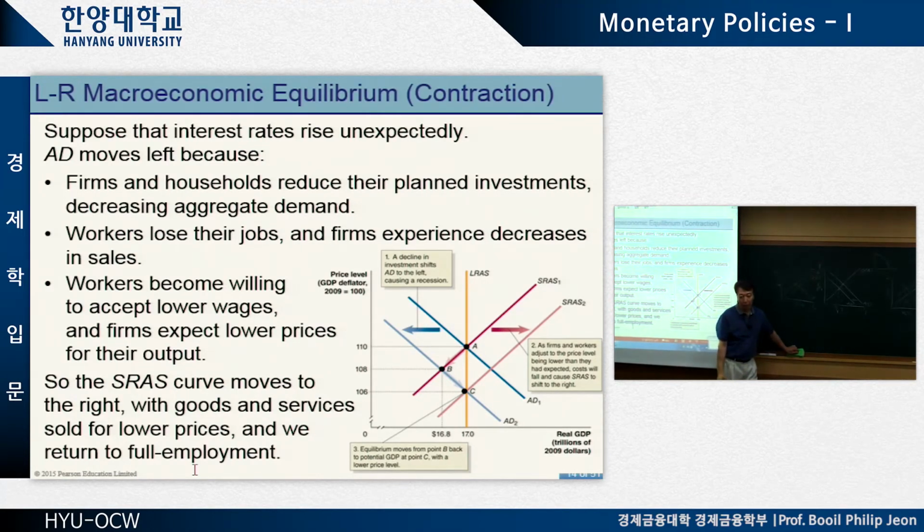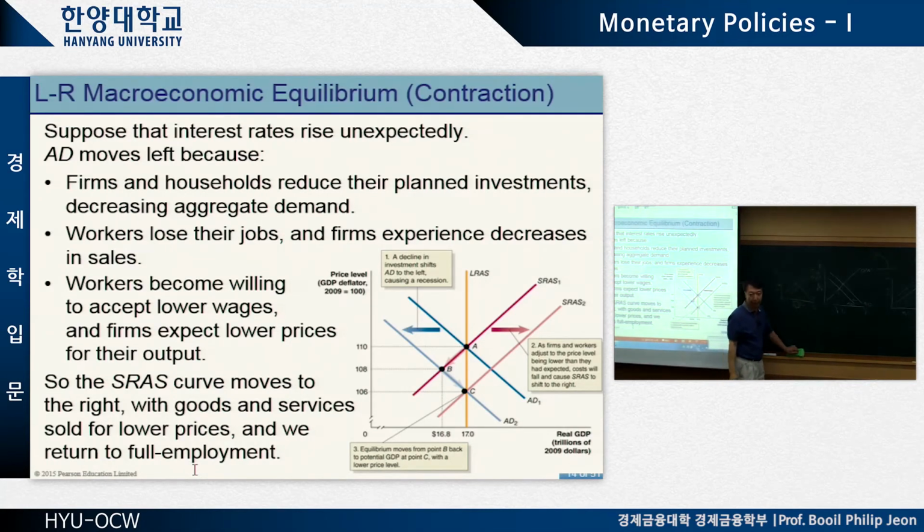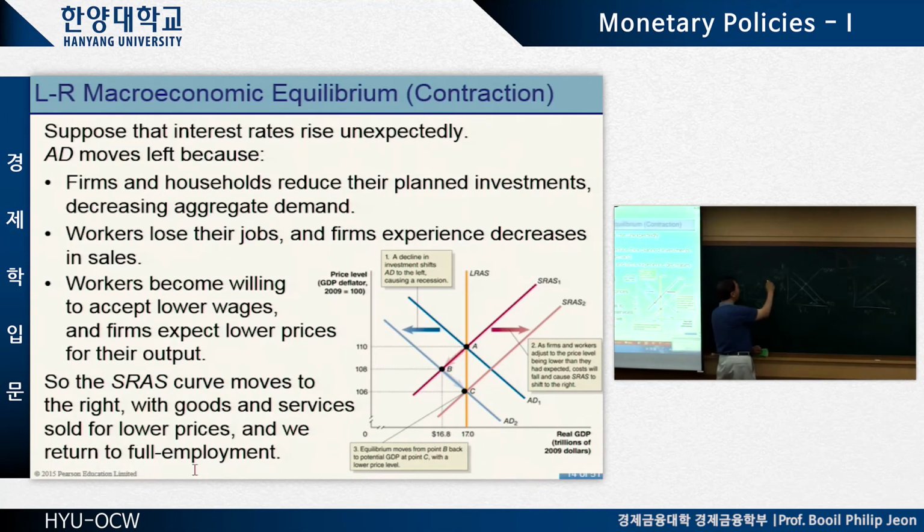Or another way to understand it is, while supplying the initial amount of labor, they demand a little bit lower wages. So either way, you can explain this increased labor supply.